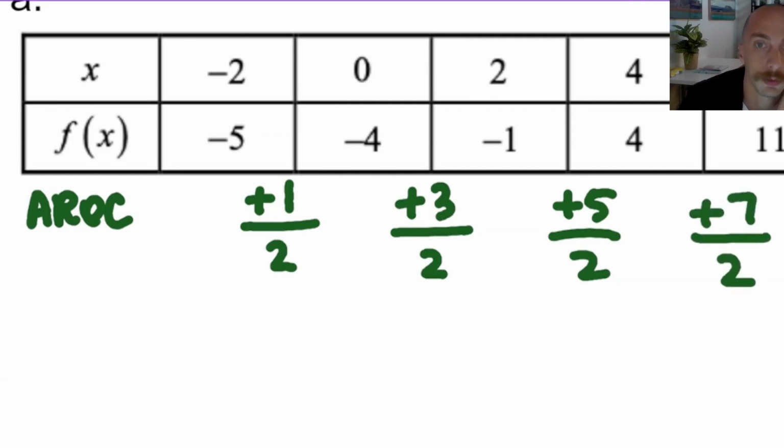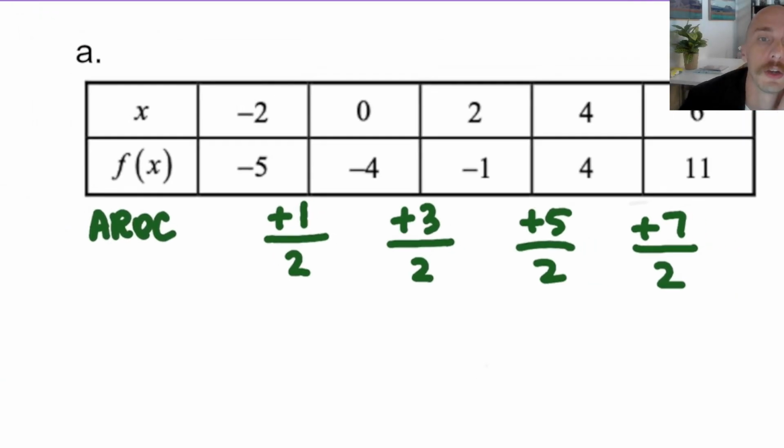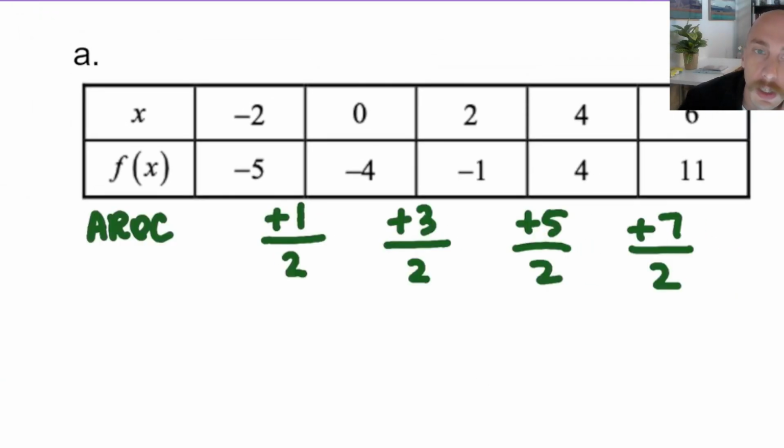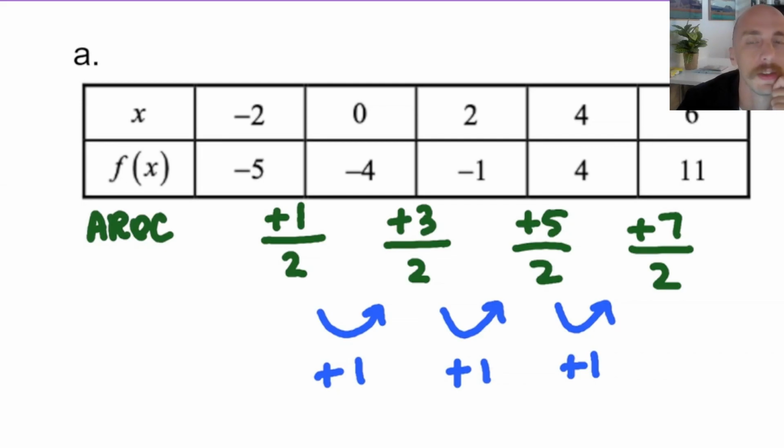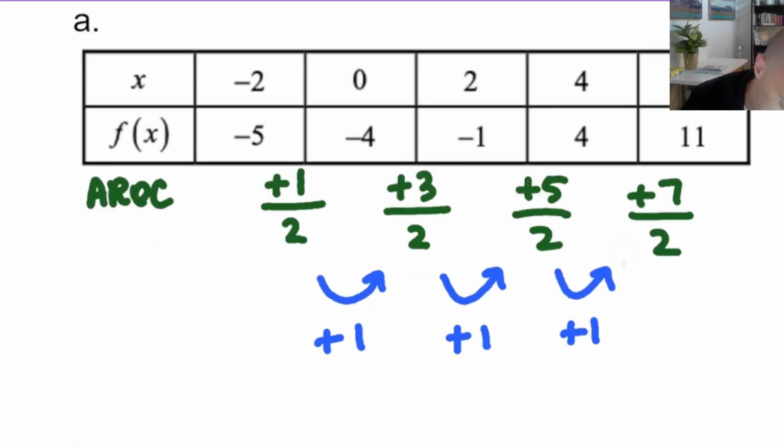The average rates of change are forming a linear pattern. Each time the numerator is getting increased by 2. There's a constant difference on each interval. You can say we are going up by 1 each time x increases by 2. We're seeing that same constant second level difference. That's going to be quadratic.